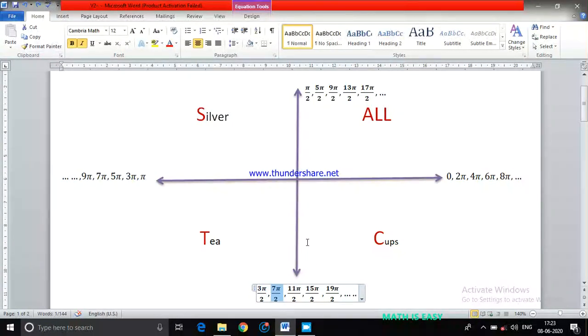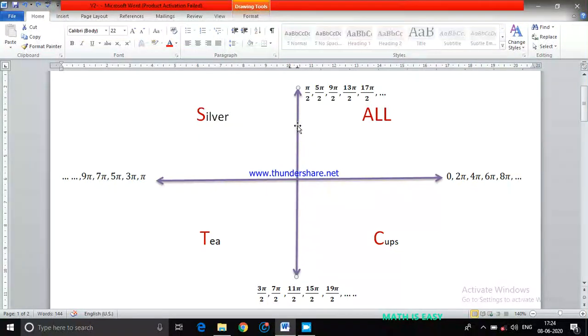Now after 7 pi by 2, if we keep on moving, when you reach here you have completed two revolutions. The first revolution is 360, the second revolution is 360, so 360 plus 360 is 720. So the process goes on. If you move one more rotation, 720 plus 90 is 810.